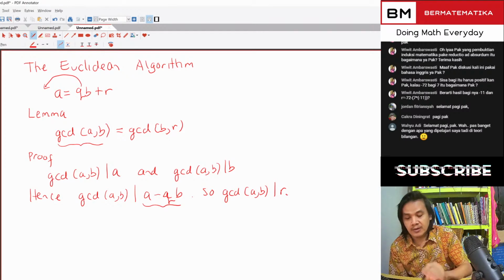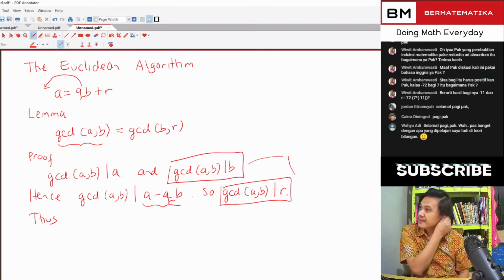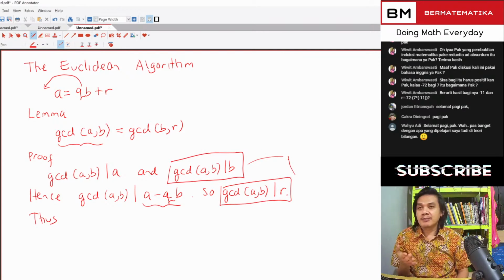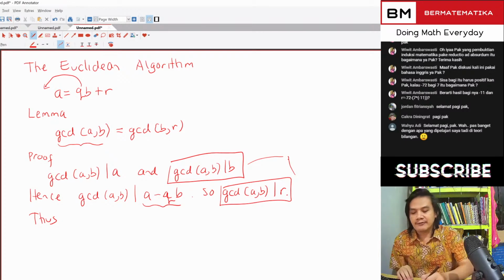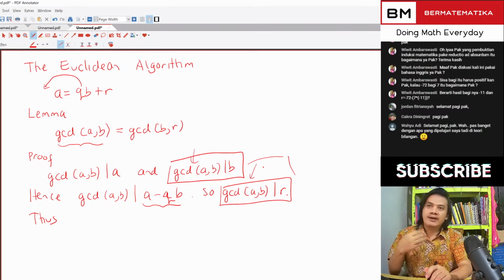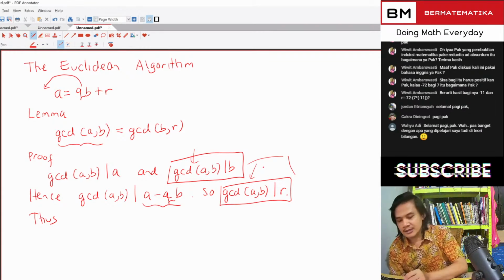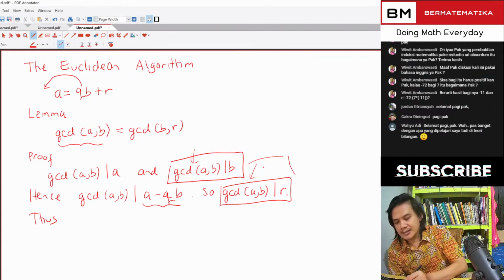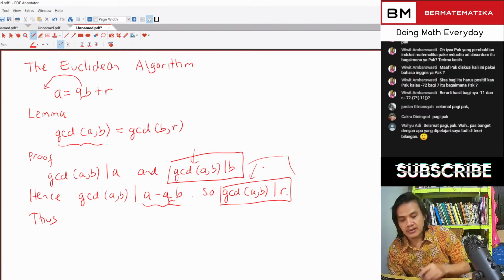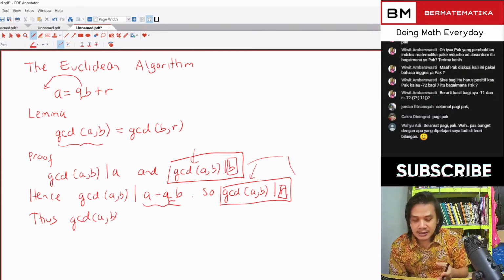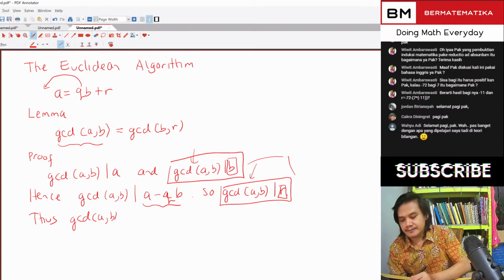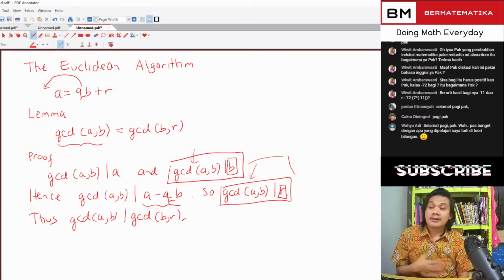According to the second property of GCD, remember that if we have another number which divides B and R, then this common divisor needs to divide their GCD. So this common divisor of B and R has to divide the GCD of B and R. And the other way around.